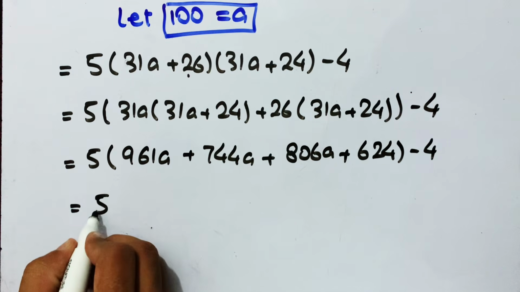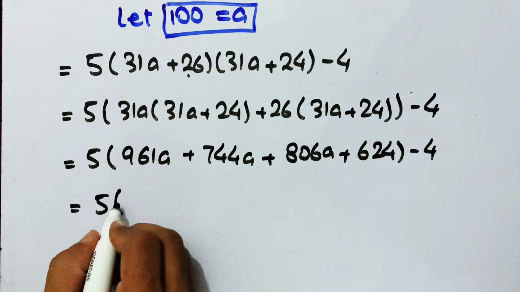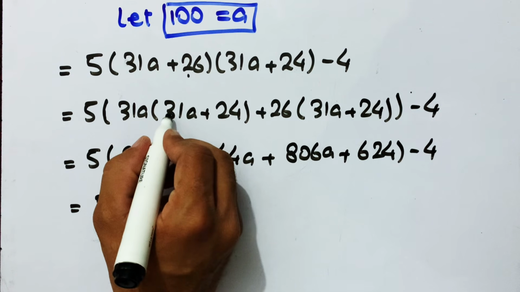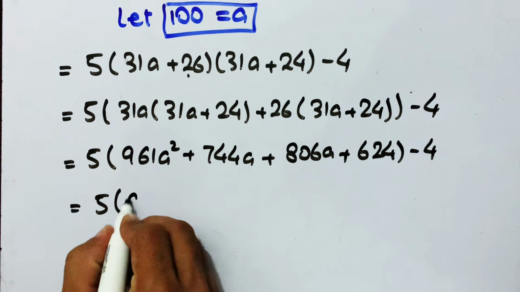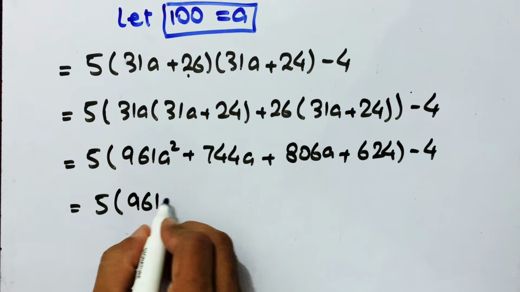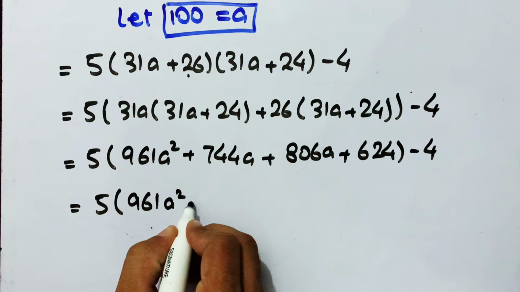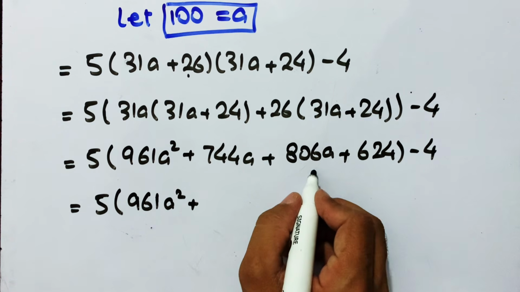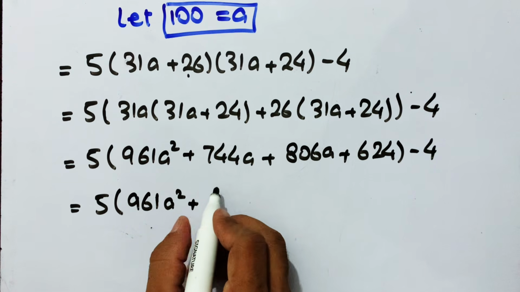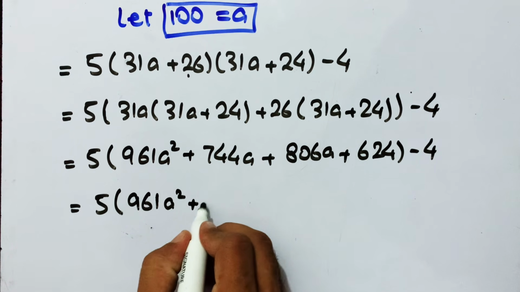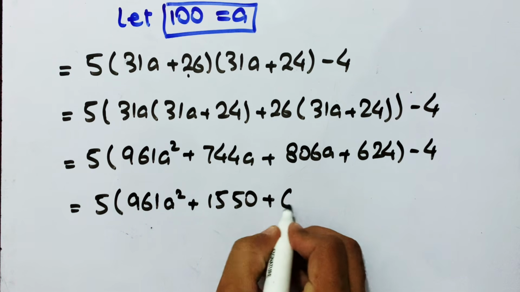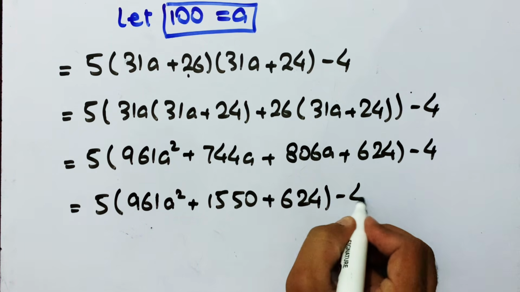So that equals 961a squared, plus 744a plus 806a, which is 1550a, plus 624 minus 4.